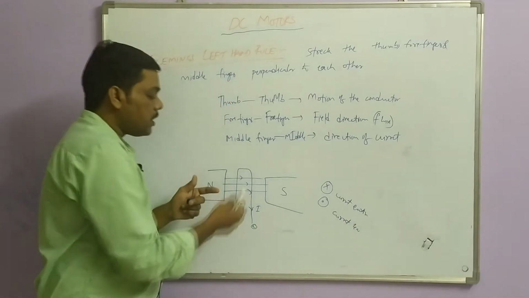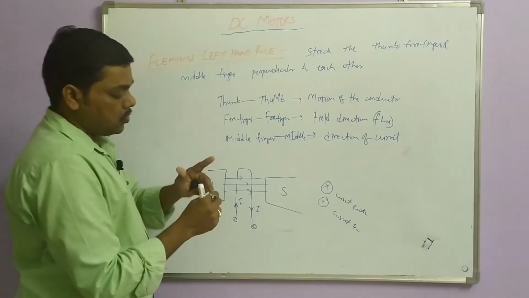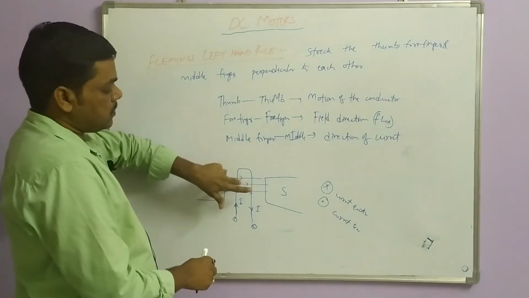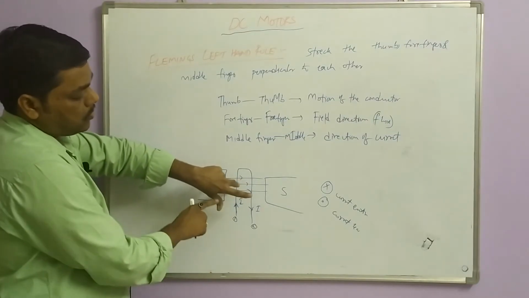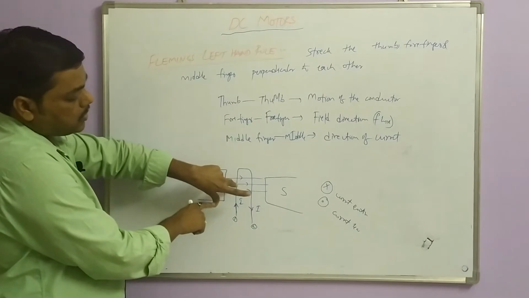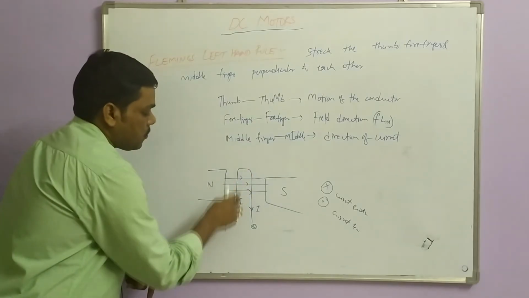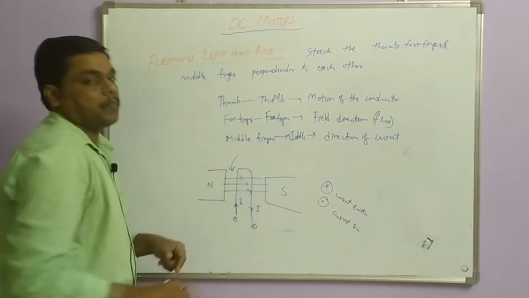So this current is entering, so I have to indicate the inwards direction. I am placing my middle finger inwards. Now this is inwards and the flux direction is the same. Now you see that the force on this conductor is downwards. So the first conductor is trying to move in the downwards direction.